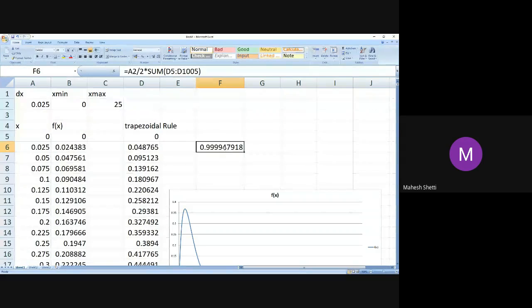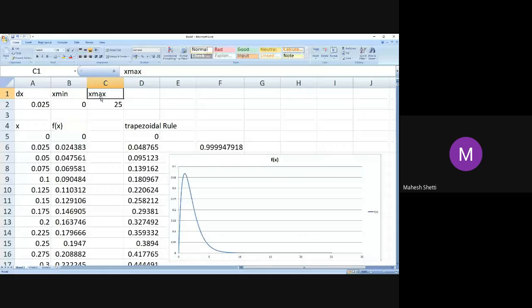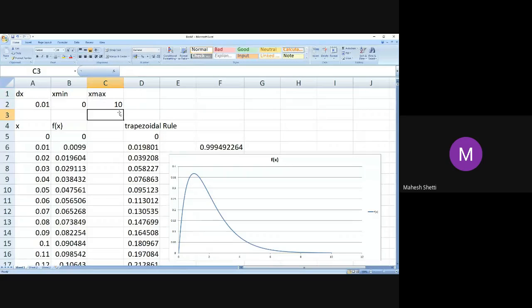There is an error in the 5th significant digit, but otherwise it is quite close to 1. So the integral of x e raised to minus x from 0 to infinity is 1, but even if you go up to a limit of 10, the error will be in the 4th decimal place. It's not going to be very large, which means you are missing out only a very small region of the tail.